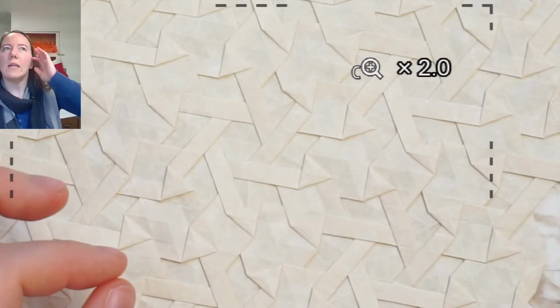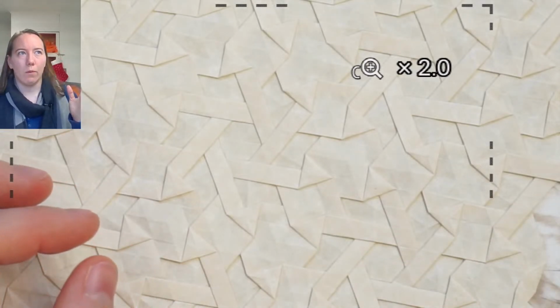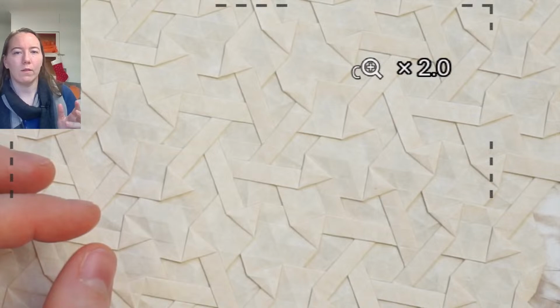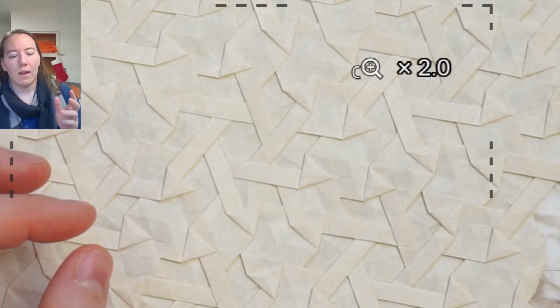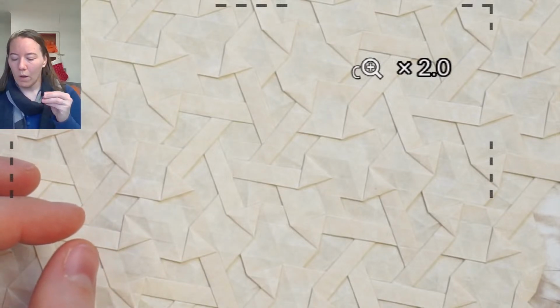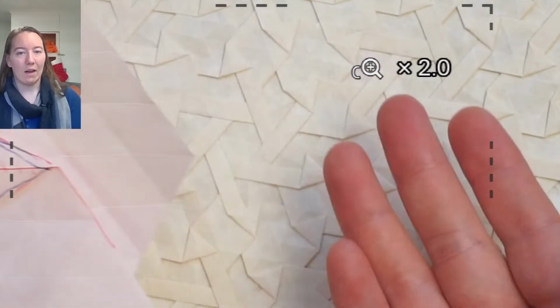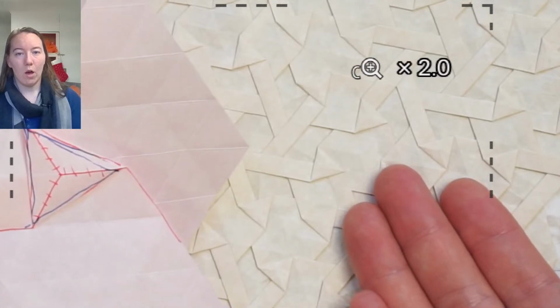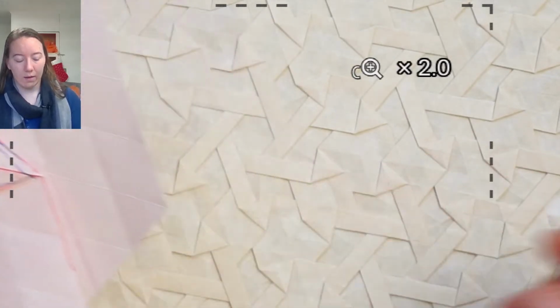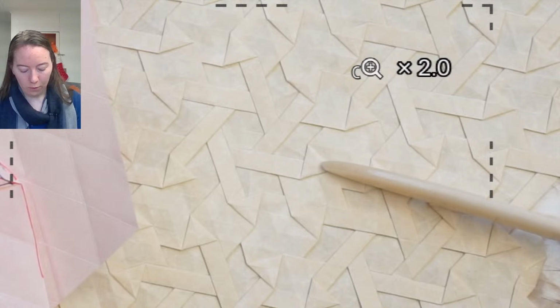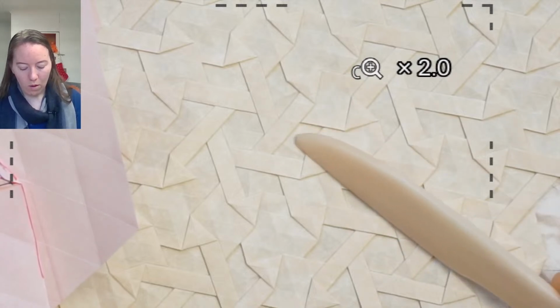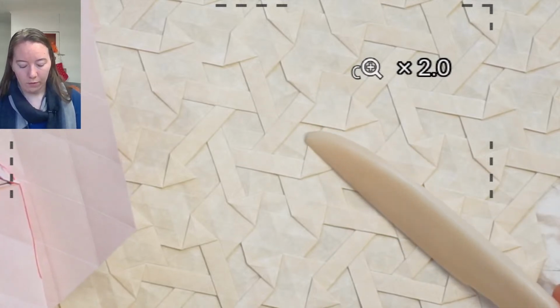So one of the key problems that I see with people trying to identify twists in tessellations is that they fixate a lot on whether their demo piece is the same size as what they're trying to identify. But the more important feature is how the folds are oriented with respect to the grid.